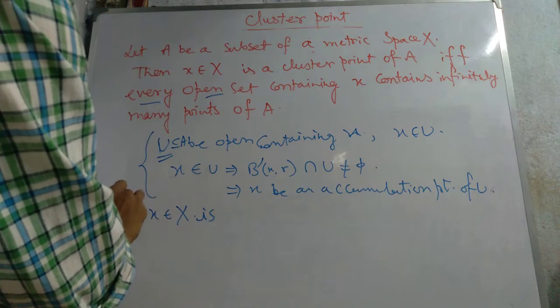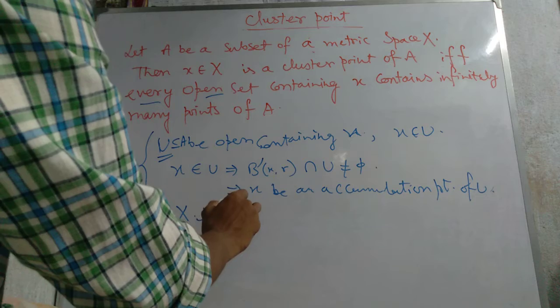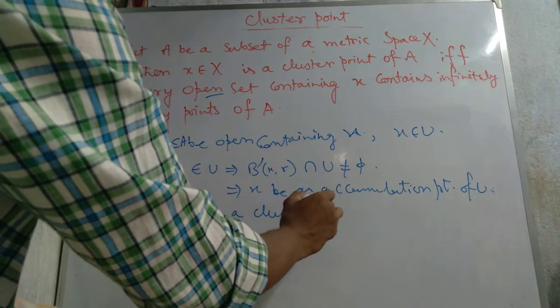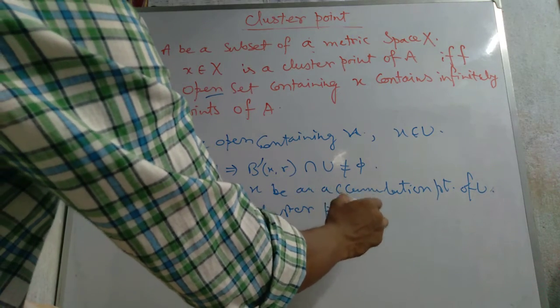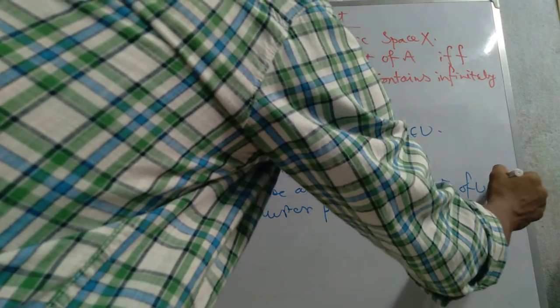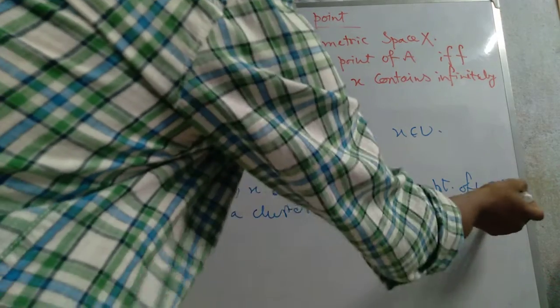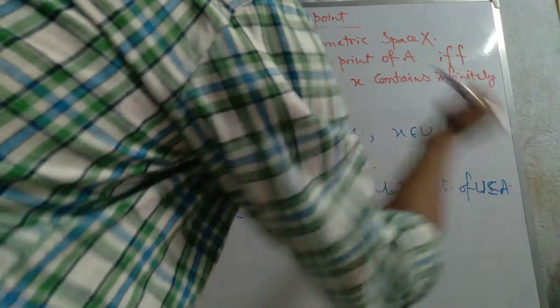Now we construct the further portion. x is a cluster point. U subset of A, that means x is an accumulation point of A.